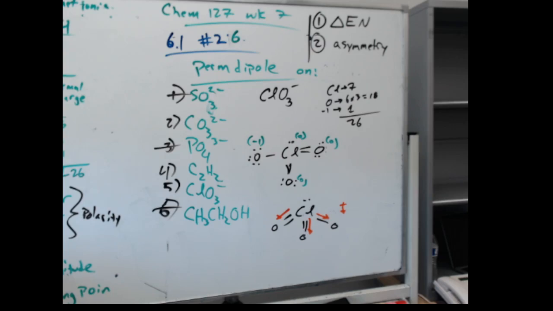Nitrogen is less, sulfur's a bit more, bromine's a bit less again. So there's kind of that trend. I don't even know for sure, I'd have to look at the numbers. But we're looking for those obvious differences. A lot of times we're looking at oxygen bonded to things, and oxygen is always more electronegative than the things it's attached to, unless we throw fluorine in there, which would be weird.